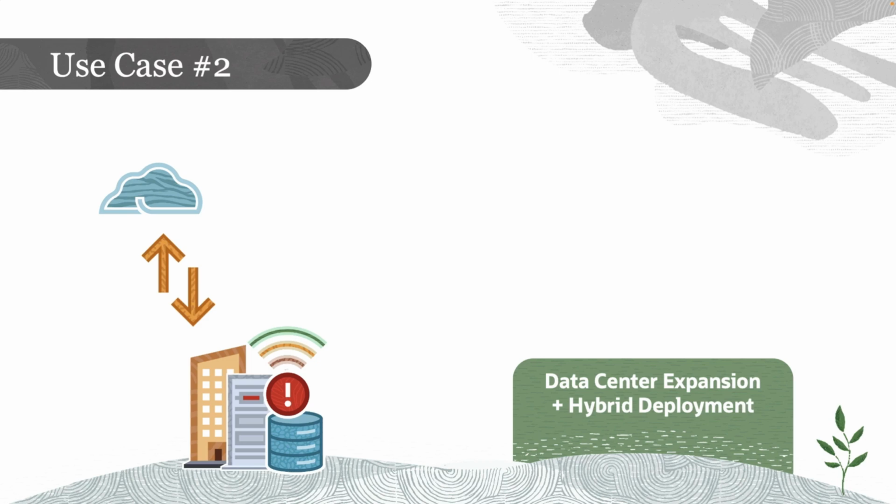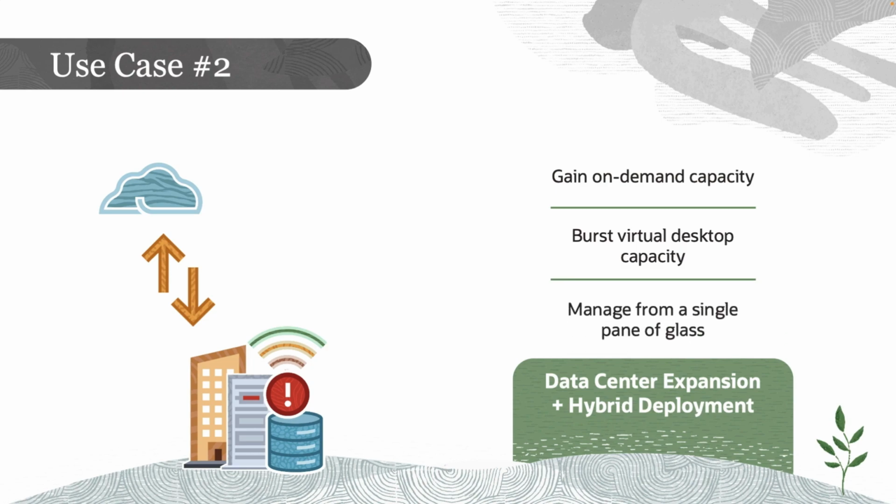So capacity expansion becomes a longer term deployment, and OCVS enables the customer to gain on-demand capacity. This would help customers like virtual desktop providers who could potentially burst the capacity needs. Once the environments are interconnected, you can manage both environments from a single pane of glass window.